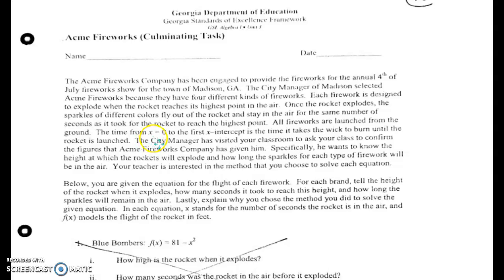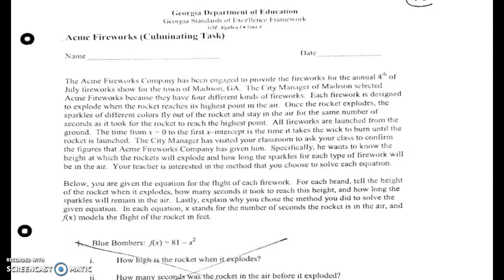The city manager selected Acme Fireworks because they have 4 different kinds of fireworks. Each firework is designed to explode when the rocket reaches its highest point in the air. That's important to know.